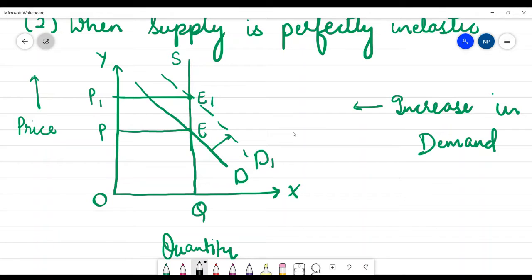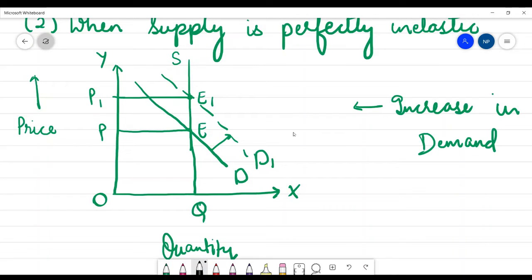So what happens when the supply is perfectly inelastic? When supply is perfectly inelastic, an increase or decrease in demand for a commodity does not cause any change in its quantity. Only the equilibrium price tends to change.